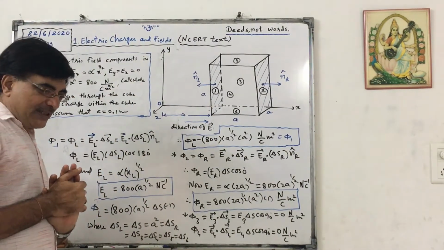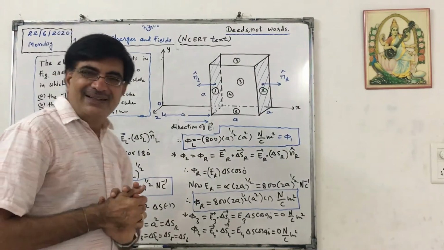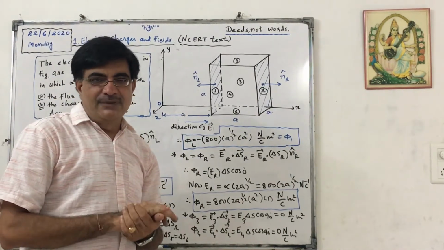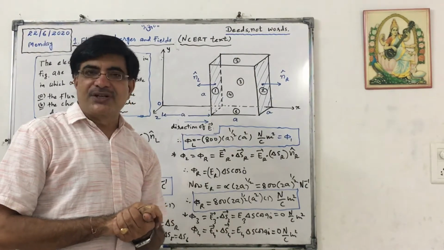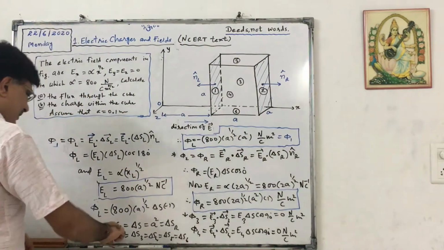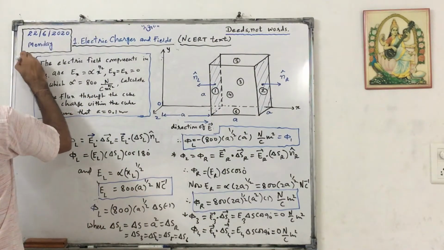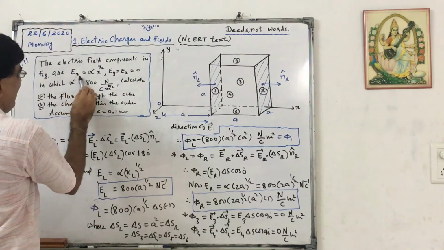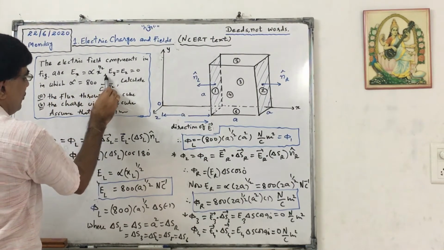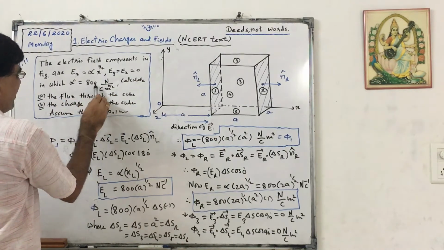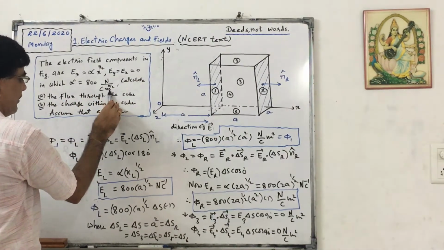We have just completed theory with extra topics for JEE NEET and we are now solving illustrations. According to the NCERT text, this is 1.11. Data: the electric field components in the figure are Ex equals alpha x raised to 1 upon 2, Ey equals Ez equals 0, in which alpha equals 800 Newton per Coulomb into meter raised to 1 upon 2.